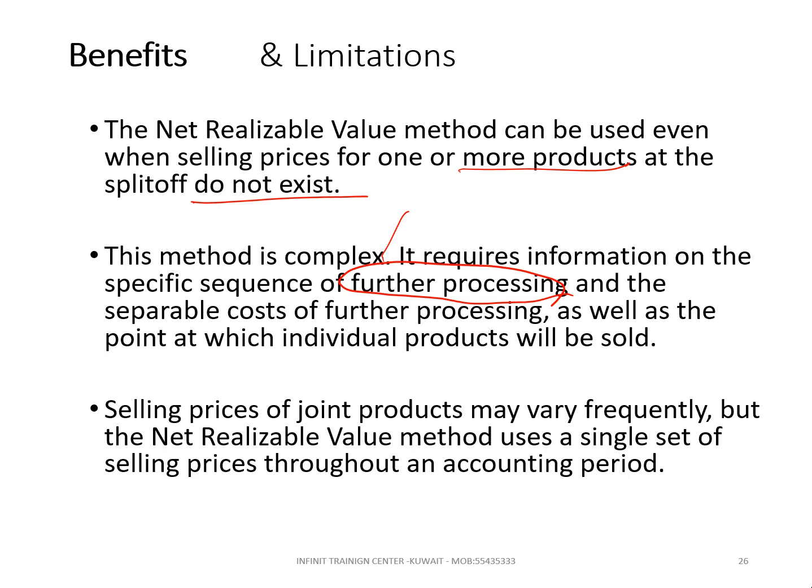And selling prices of joint products may vary. This is the same as in the sales value at split off point method. The selling prices of the final product may change during the year, but we are just considering a selling price when we are making this allocation ratio. Okay, so that's it, the three methods.